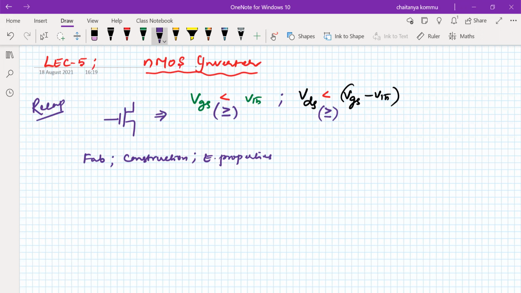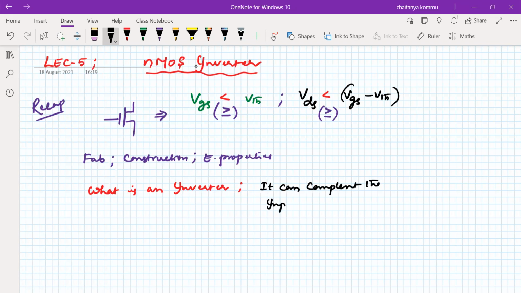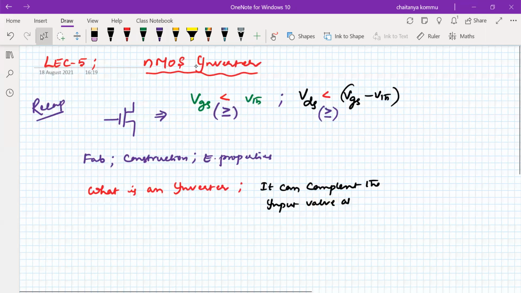So what will an inverter do? What is an inverter? It is a simple digital circuit which can complement the input value at the output side.